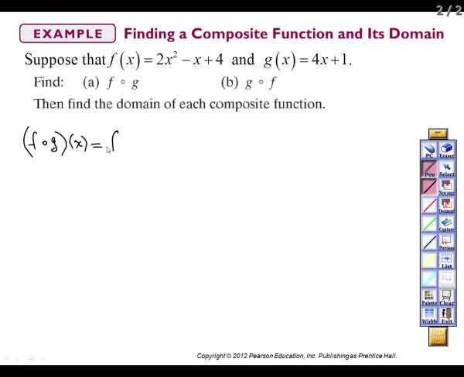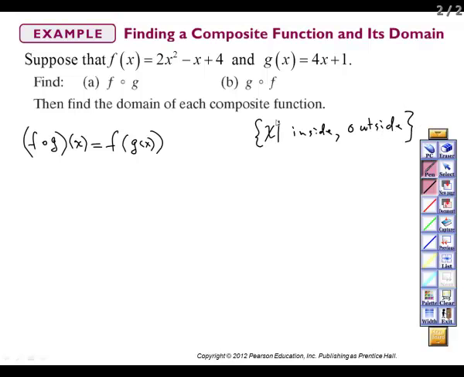So basically what we're doing here is we take x does not equal to, what this first part here is going to be our inside, and then we're going to look at the outside.